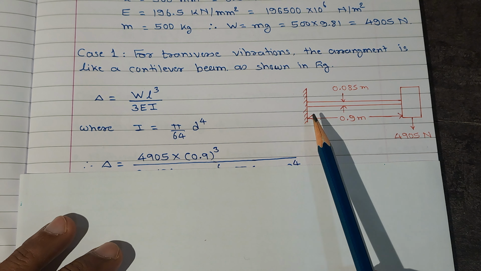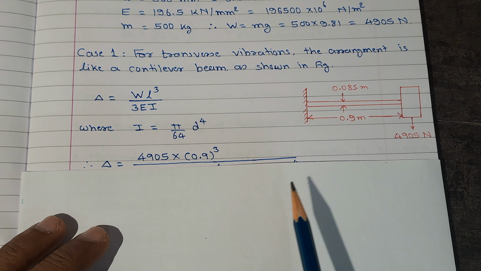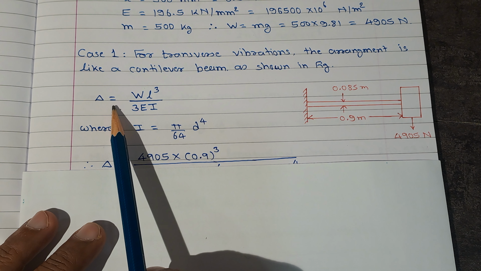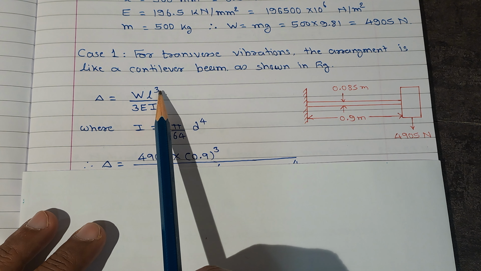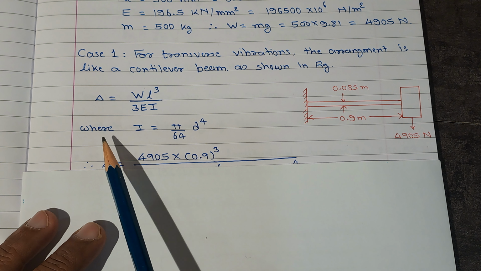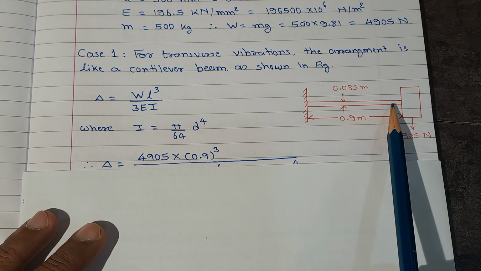Now we know for this particular case of cantilever type of condition, the deflection in the shaft, delta, is given by WL cubed upon 3EI, where I is nothing but the moment of inertia of this shaft.